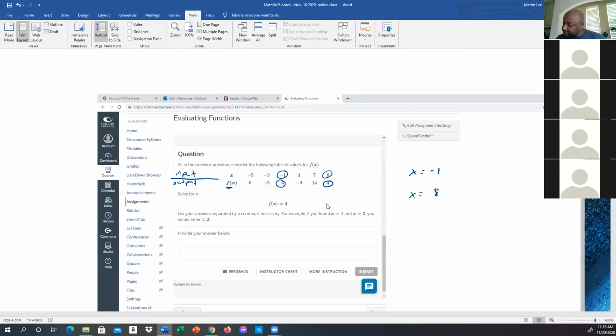Yep. And again, when the output value is 4, what are my input values? -1 and 8. So you would put -1, comma, 8. Would that be in parentheses or is it just -1 comma 8?